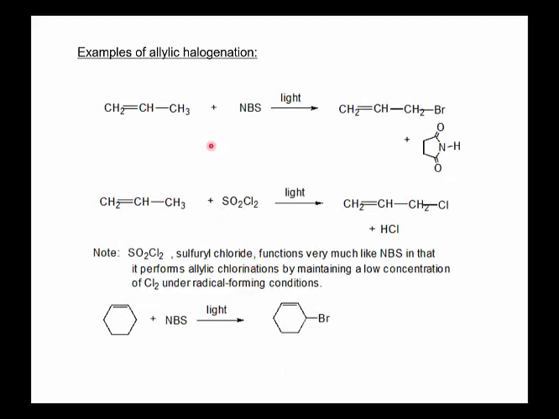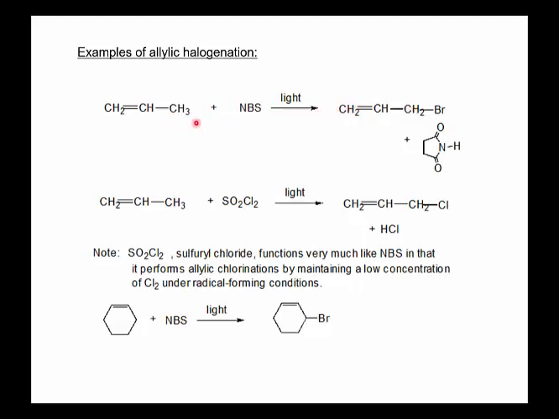Again, your organic reactant is an alkene which has allylic carbons in it. That is just a carbon attached to a double bond, bearing at least one hydrogen. I'm using propene here as an example. I mix propene and the NBS with light, boom.